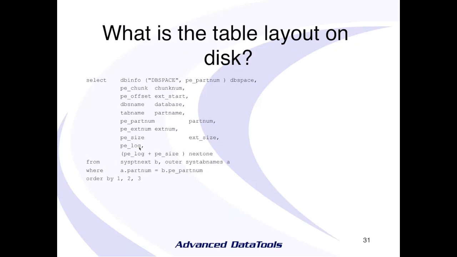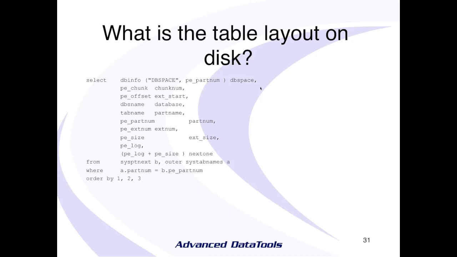Now, one thing that I've always tried to figure out is ways of finding out what your table layout on disk is. This goes out by DB space by chunk and shows you what tables are on that DB space and what chunks they're in. Again, a lot of these, what I will do is instead of running a select, I'll unload them to a file, and then you can open them up in Excel and see what they look like in Excel.